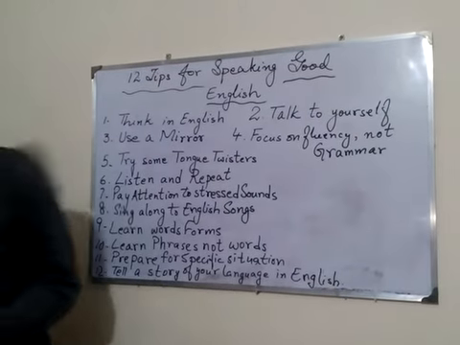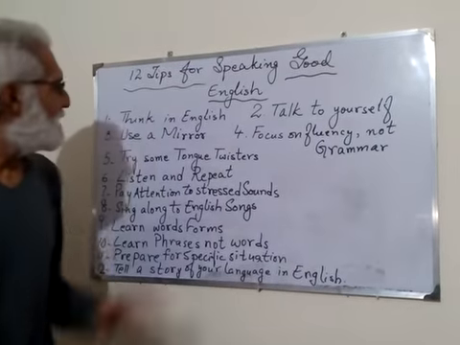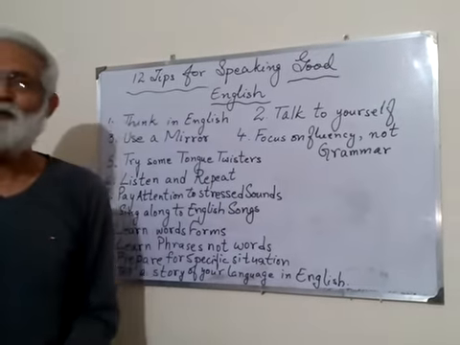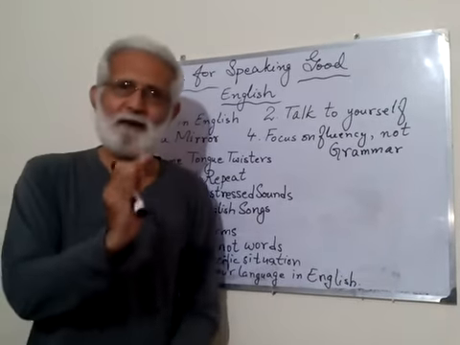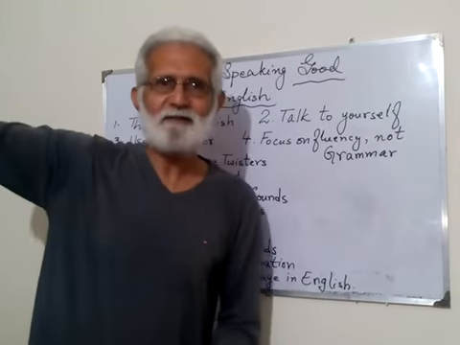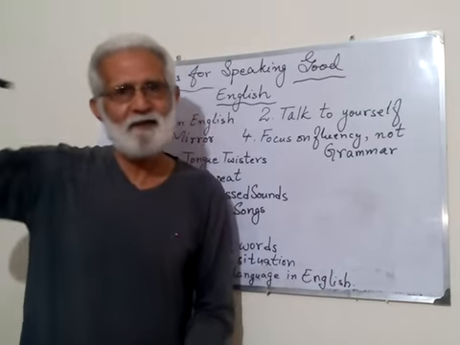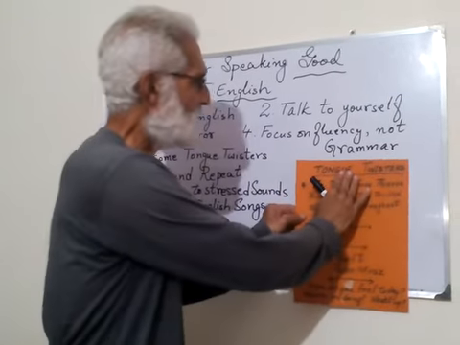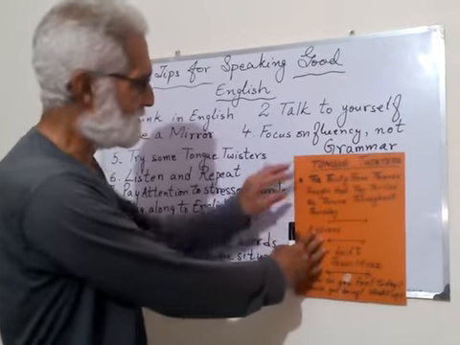When I say tongue twisters, many people ask, how will I twist my tongue? So for that, I will give you one tip: in Google just write tongue twisters sentences, and you will get many sentences like this. Look over here. This is a good tongue twister.